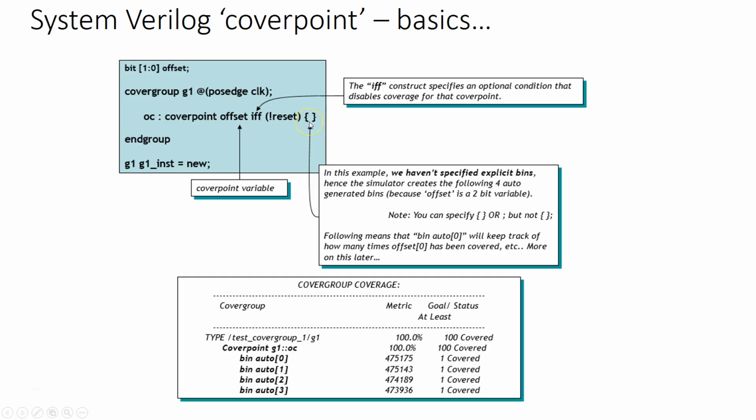I'm just saying create as many bins as necessary because I'm providing these two squiggly brackets. So it creates 4 bins and names them. You can name the bins yourself, as we'll see in upcoming slides. And the simulator basically says auto_bin_0 will cover offset 0, auto_bin_1 will keep track of how many times offset 1 has been covered, and so on and so forth.